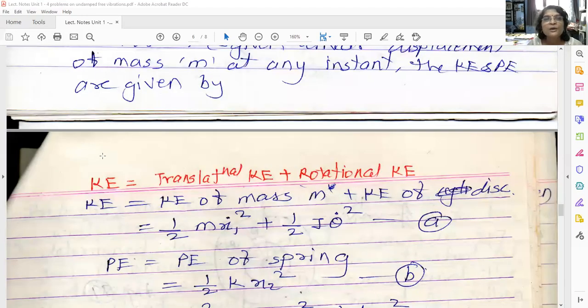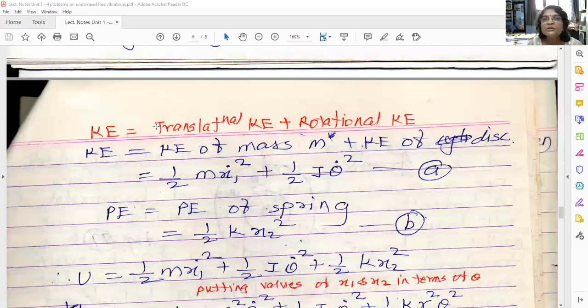Okay, so kinetic energy is equal to, what is the translational kinetic energy? 1/2 m x1 dot square. And what is the rotational kinetic energy? 1/2 I theta dot square. Okay, your regular equation, kinetic energy is equal to 1/2 mv square. So instead of v, here we have written x1 dot, and instead of omega, here we have written theta dot.